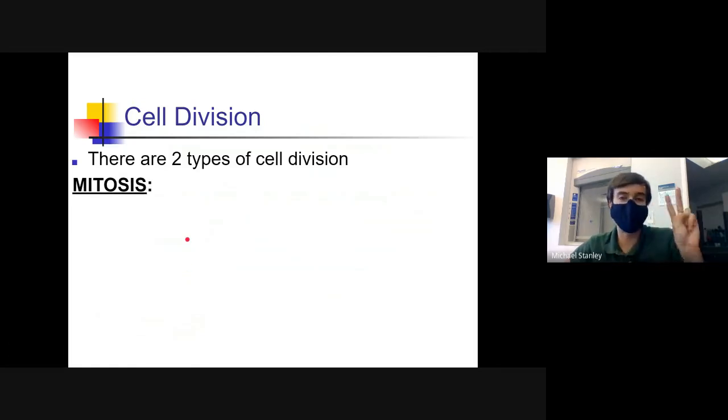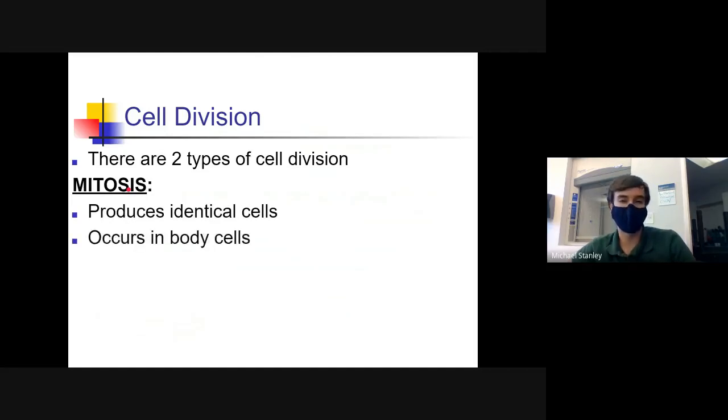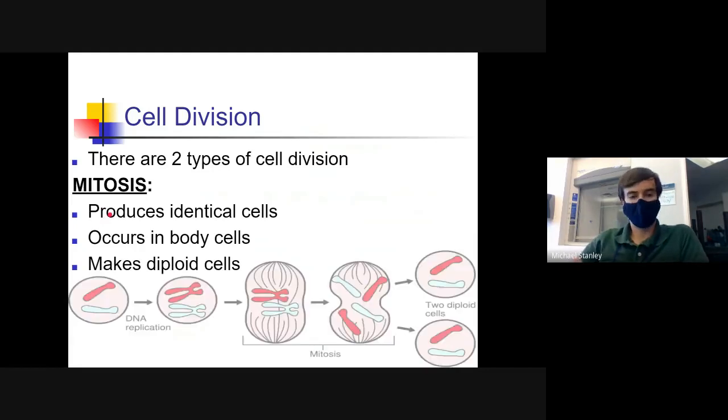So there are two major types of cell division that we talked about: mitosis and meiosis. Mitosis is your normal, everyday, average cell division. Whenever you just need to make a simple copy of your body cells, that is what you need mitosis for.